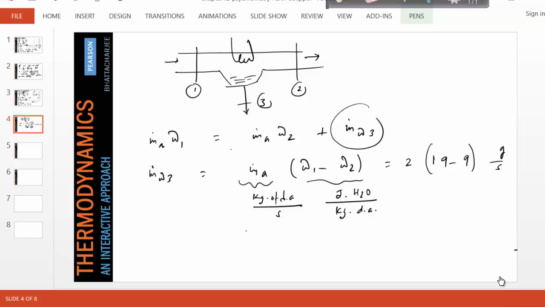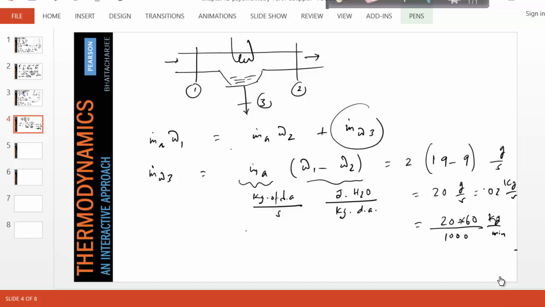Omega is multiplied by 1000, converted into gram, because water vapor is so little. So the answer here is 20 gram per second, which is 20 times 60 by 1000, so many kg per minute, if you want to express it in kg per minute, or kg per second will be 0.02 kg per second. Okay, that's the water vapor flow rate.